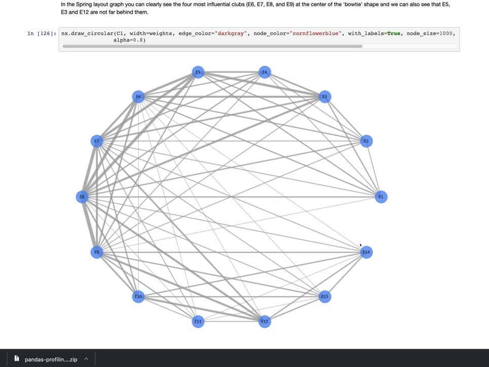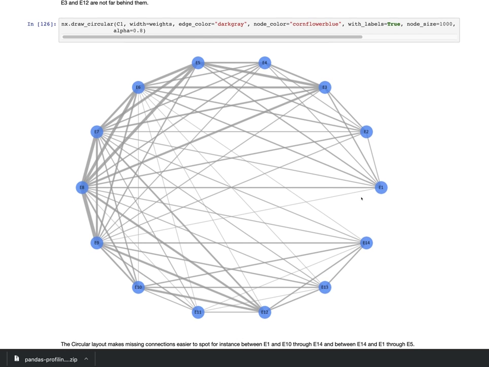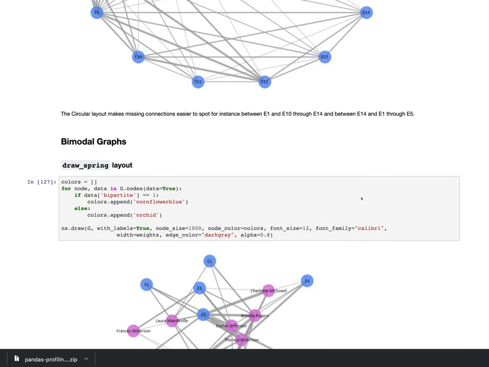And the only other thing you really get out of this is that you can more easily see where there are missing connections. So like E14 is not connected to E1 through E5, and E1 is not connected to E10 through 14. And so it's a little easier to see where there's a lack of connection in that circular layout.